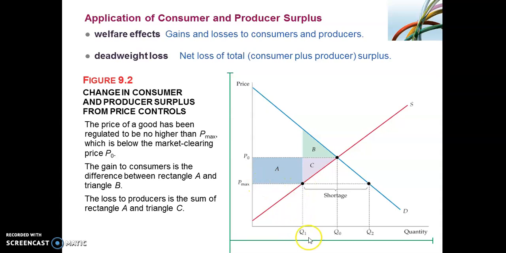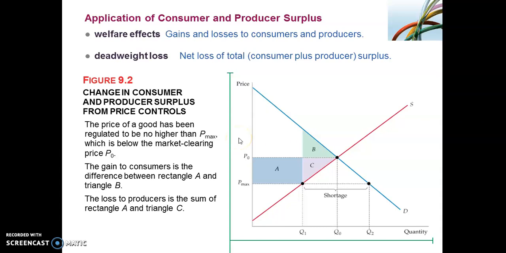However, output is only at Q1, so some consumers lose out completely, and that is represented by this triangle B. These consumers get nothing at all at this price Pmax. The overall change to consumer surplus is A minus B. Because block A is greater than B, there's a net gain to consumer surplus, but you could have a situation where B is greater than A.